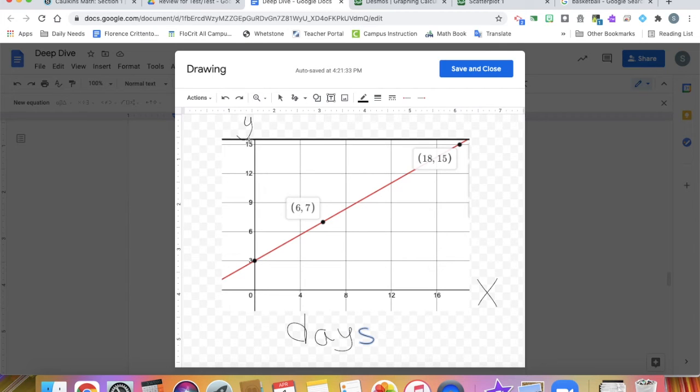And what was the y amount of that? The y was the height of the flower in centimeters. But I'm just going to say this is about centimeters, because it's how many centimeters you have. So now I've labeled both sides.